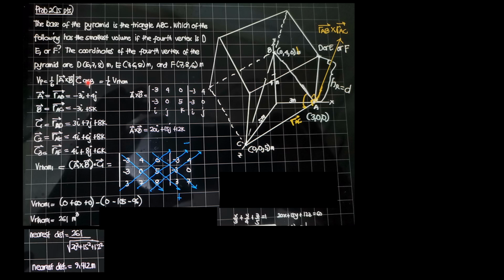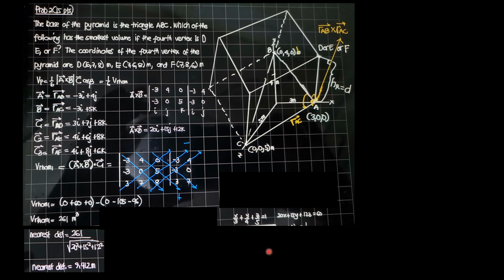We interpret C cosine beta as the distance or the height of the rhomboid. So we divide this by the magnitude of A cross B, which is square root of 20 squared plus 15 squared plus 12 squared, to get the nearest distance or the height of the rhomboid. So if the point is D, the nearest distance is 9.412 meters, or the shortest height of the pyramid is 9.412 meters.